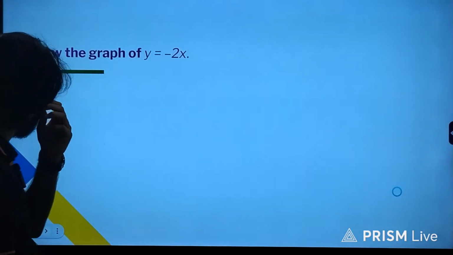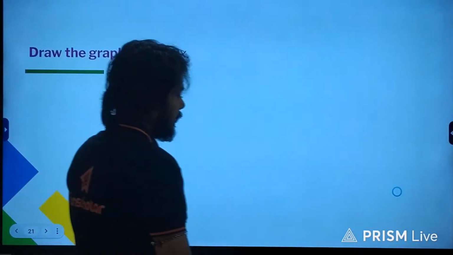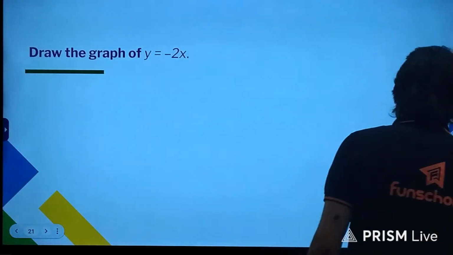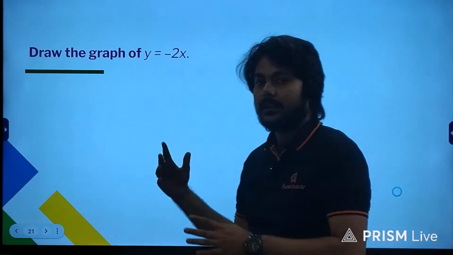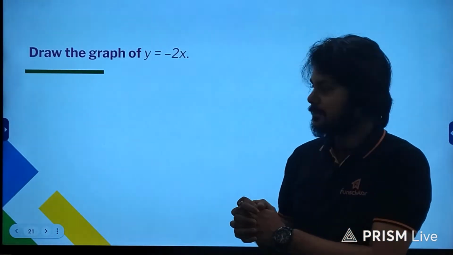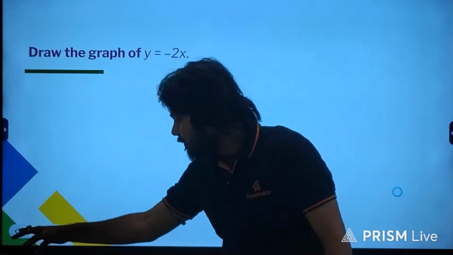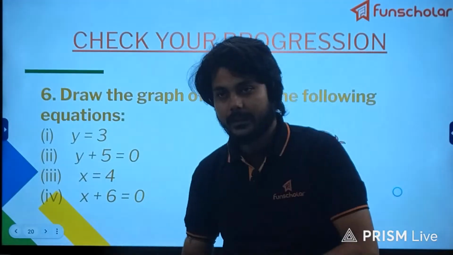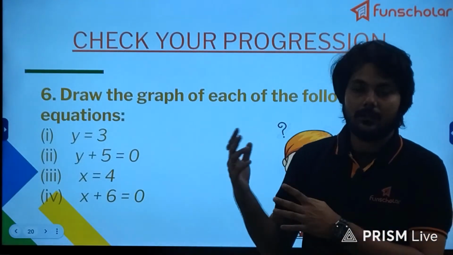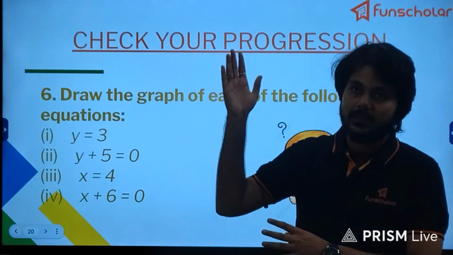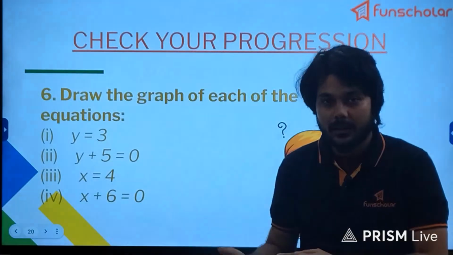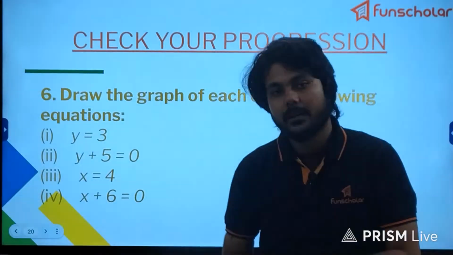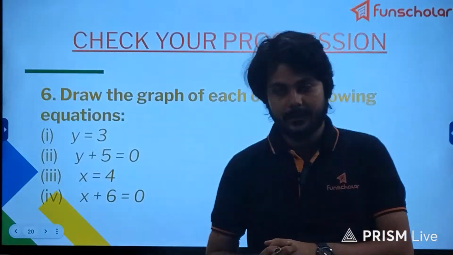Now draw a graph of y equal to 2x. This will be covered in the next lecture. Today we just read the representation of points, the formulas of the quadrants, the representation of the x-axis and y-axis, and how a particular point is plotted on a Cartesian plane.